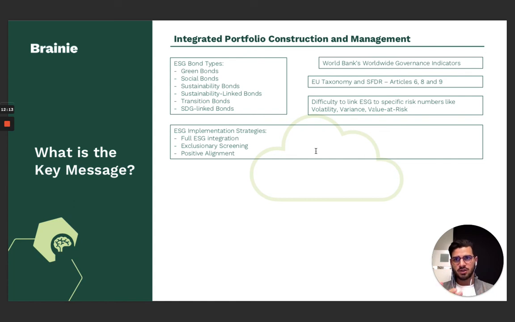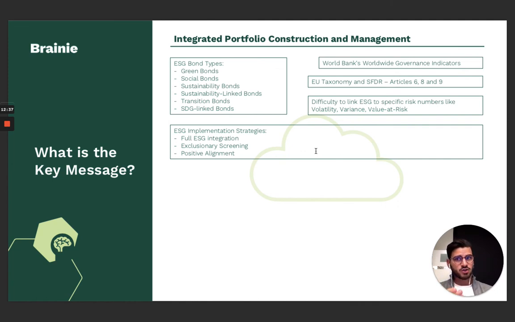The chapter then talks about how ESG integration impacts the risk-return dynamic of a portfolio optimization and the 3 ESG implementation strategies, which are full ESG integration, exclusionary screening, and positive alignment. It then looks at strategies which have sustainability at their core, which are impact investing and thematic investing.